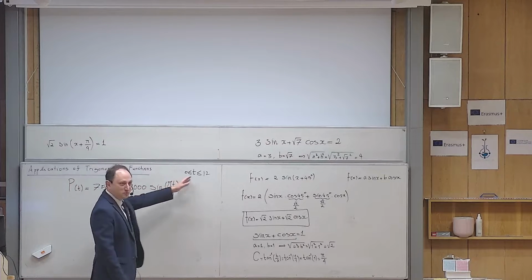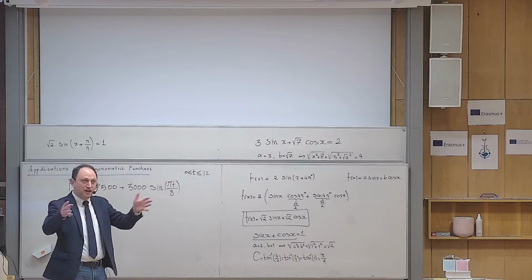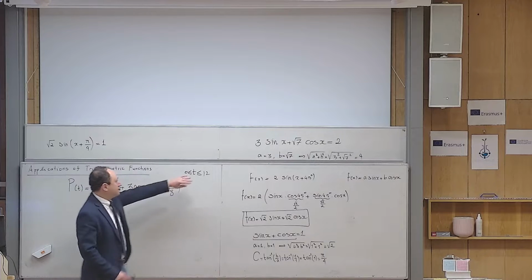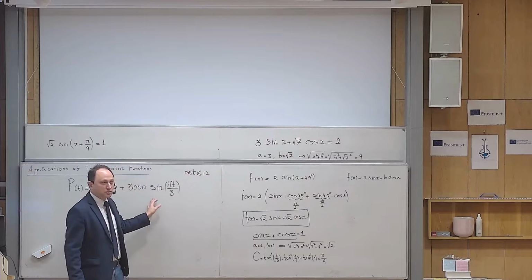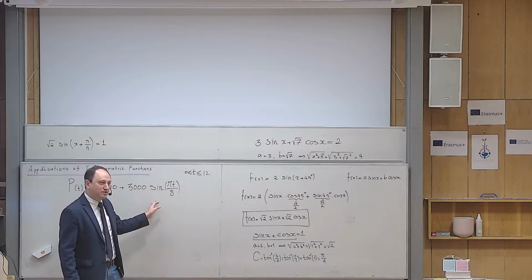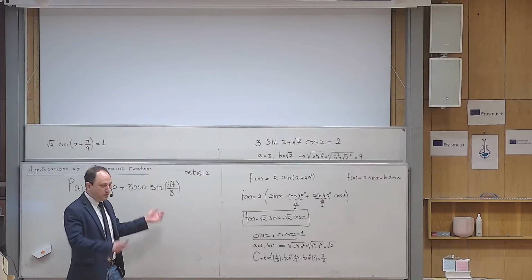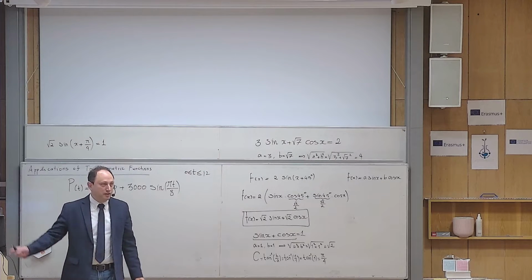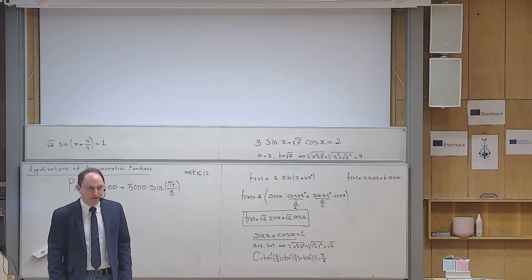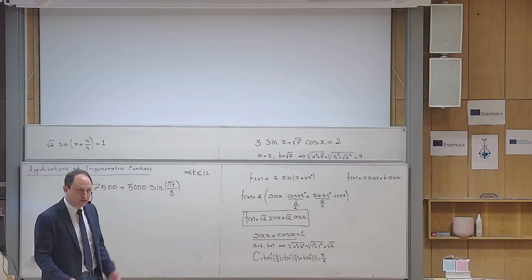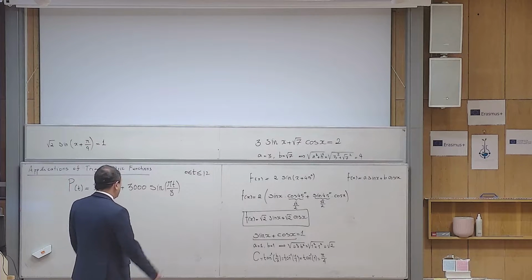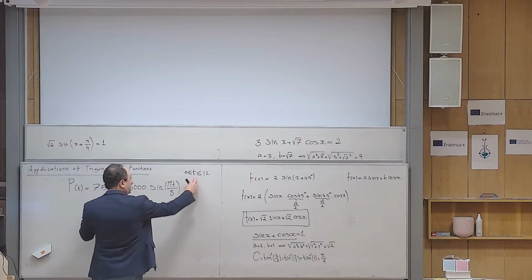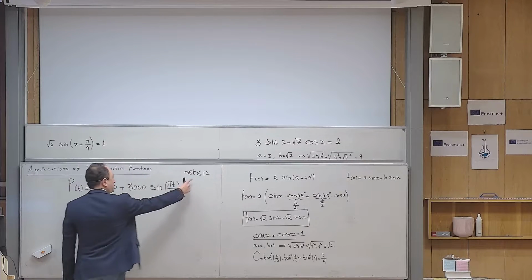So that's the domain of my function. I am limiting the domain, because otherwise the domain of sine and cosine goes from minus infinity to plus infinity, so the domain is R. But if you want a limited version of the domain, you have to mention it.